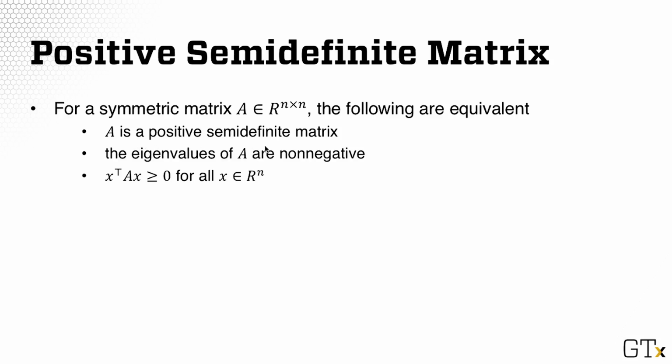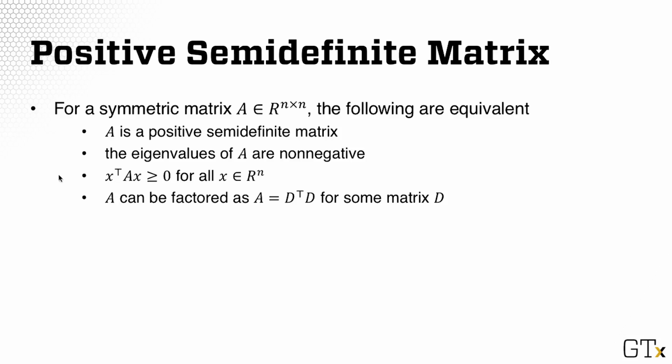To be positive semi-definite, all the eigenvalues of A should be non-negative. Or equivalently, x transpose A x, if you evaluate this quadratic function over any x, the function value should be non-negative. That's an equivalent definition of being positive semi-definite.